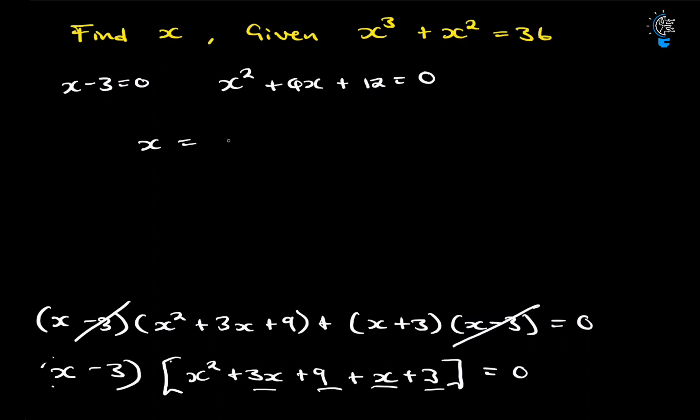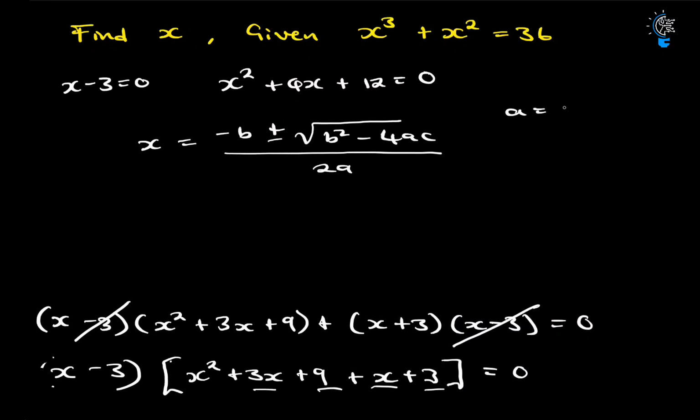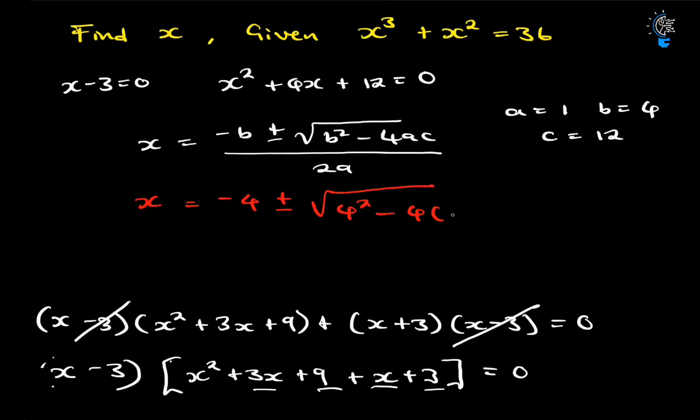Okay, let's use this formula, where a is equals to 1, b is equals to 4, and c is equals to 12. We're going to get x will be equal to, our b it's negative 4 plus or minus the root of 4 squared minus 4 open our a it's 1 and our c is a 12 divided by 2 open 1 closed.